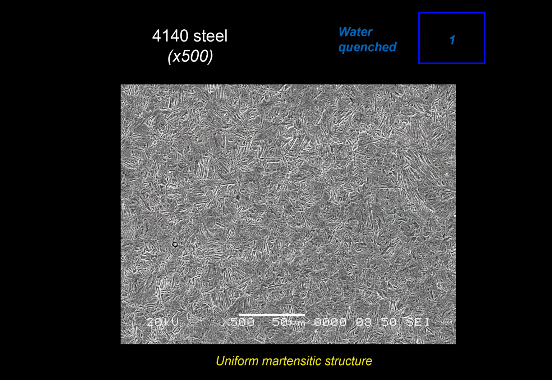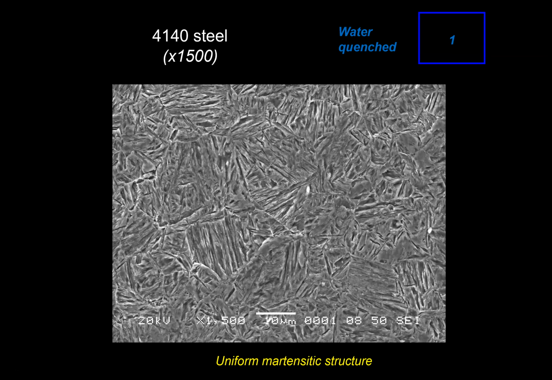So these are examples of characteristic microstructures that you will see in a scanning electron microscope at a magnification of 500 times. Okay, so this will be your water quench end. And so what we notice here is that this microstructure is extremely uniform.